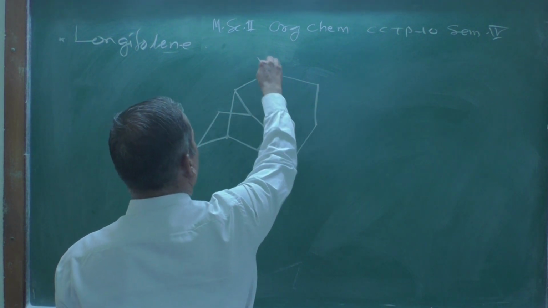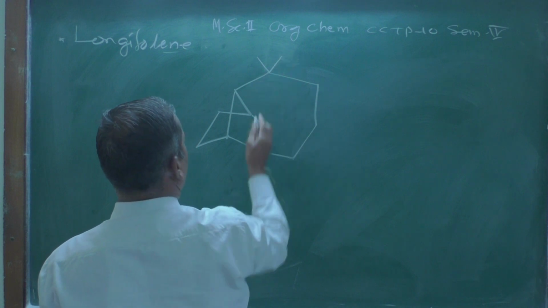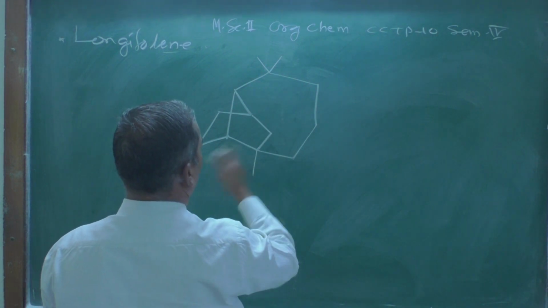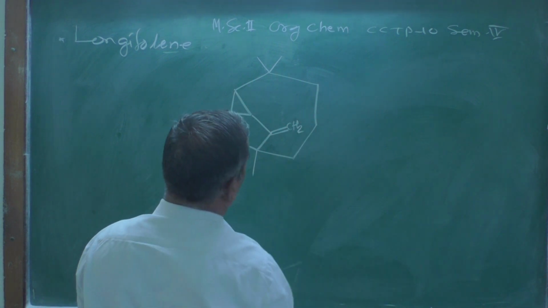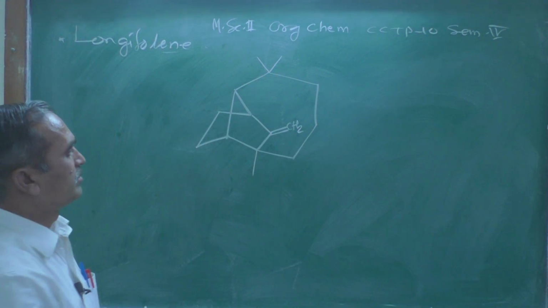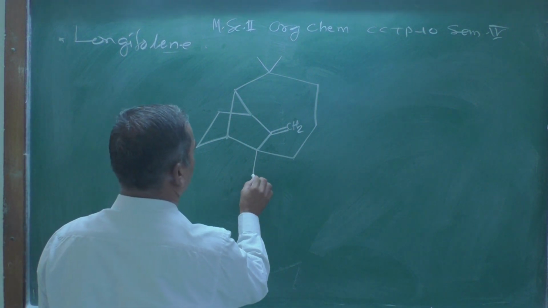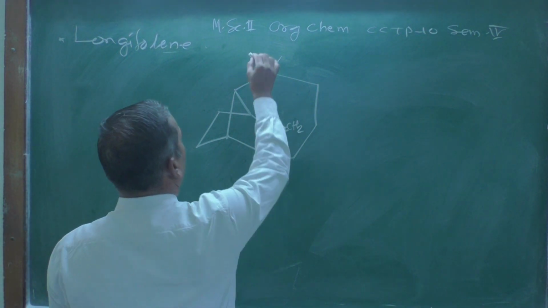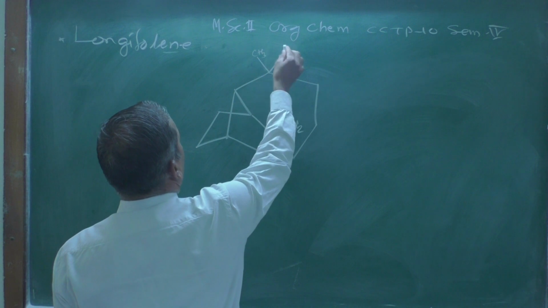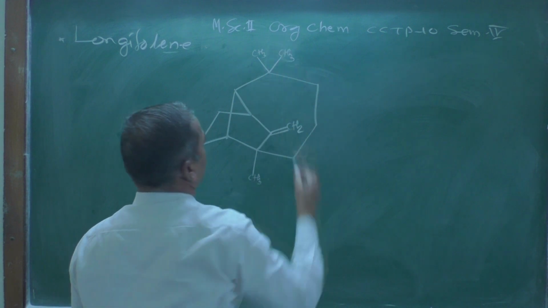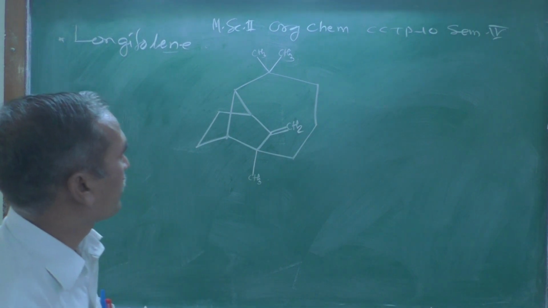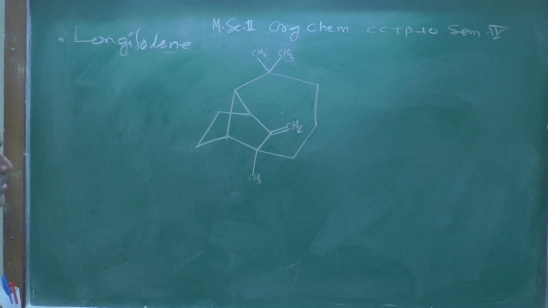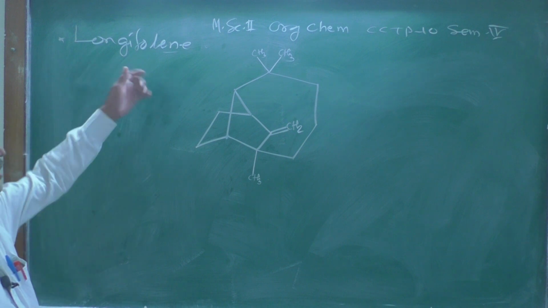You can see over here there is a methyl group, one methyl group here, and here will be the CH2. These are CH3 groups over here, another CH3 group, another CH3 group. So this is the structure of longifolene.